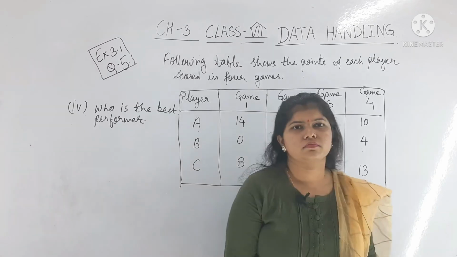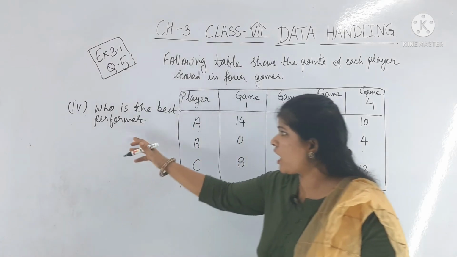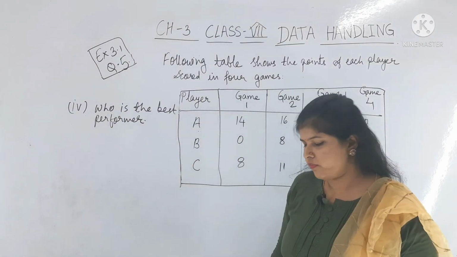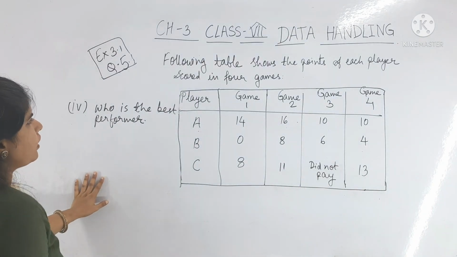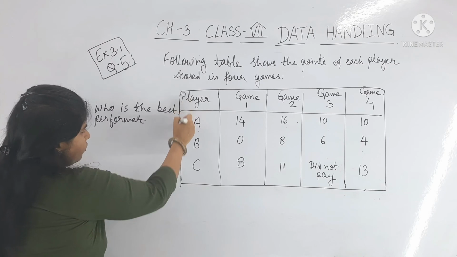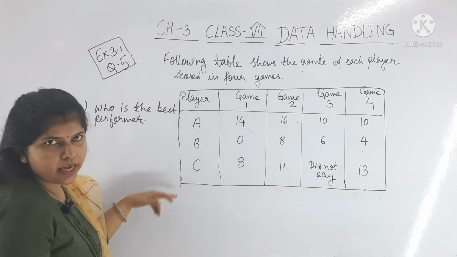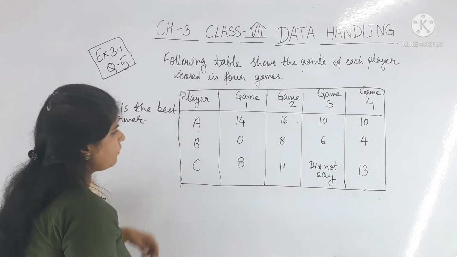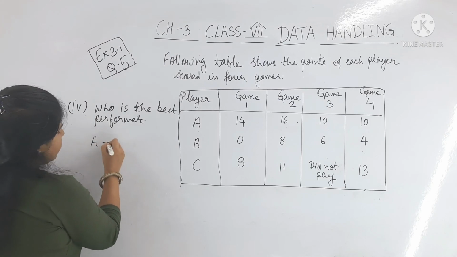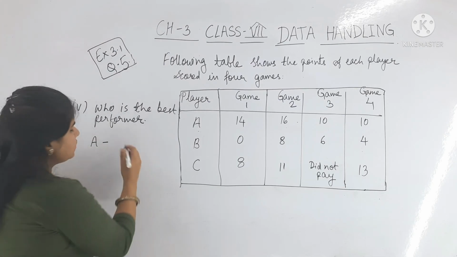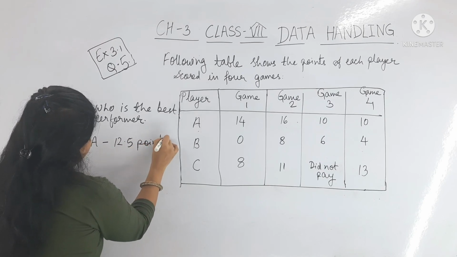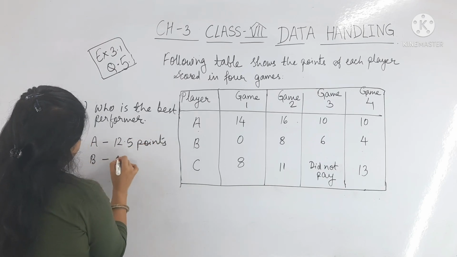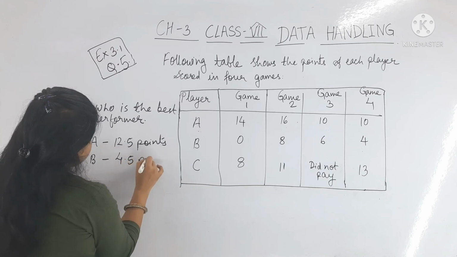Okay students, this is the last part of question number 5. It is asking who is the best performer, okay. How will we know that? You have to calculate the mean of A, B and C. So we have calculated for A and B. We are getting A in the first part as 12.5 points and B as 4.5 points.